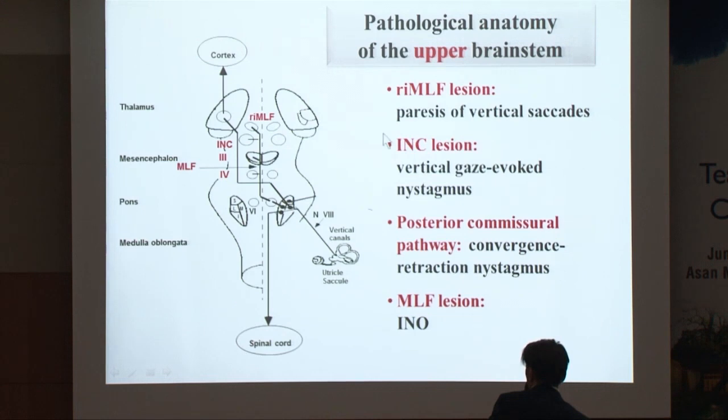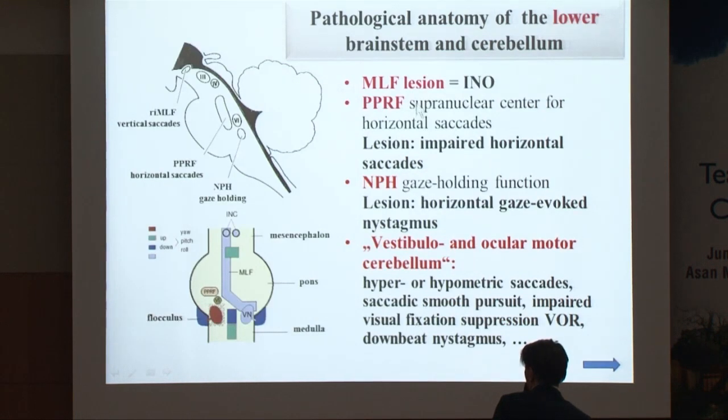So RIMLF, vertical saccade palsy. INC, vertical gaze-evoked nystagmus. Posterior commissural pathways, convergent retraction nystagmus. MLF lesions lead to an INO. If you go further downward, PPRF, supranuclear center for horizontal saccades, and nucleus prepositus hypoglossi, isolated horizontal gaze-evoked nystagmus.